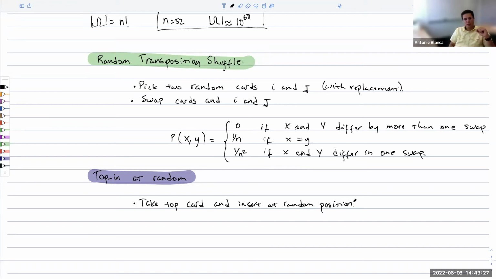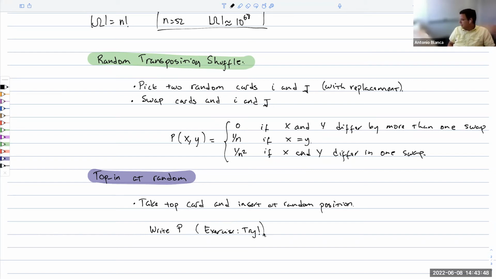Also a Markov chain, so you can write P. I will leave this as an exercise. You can do it, similar to what we just did. So you can try, but this is also a Markov chain.